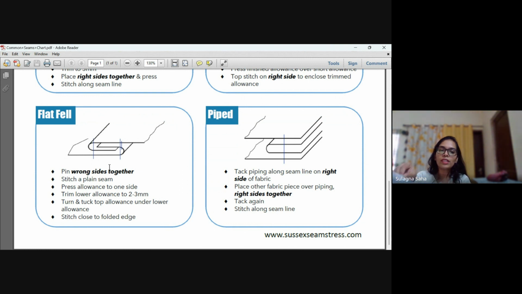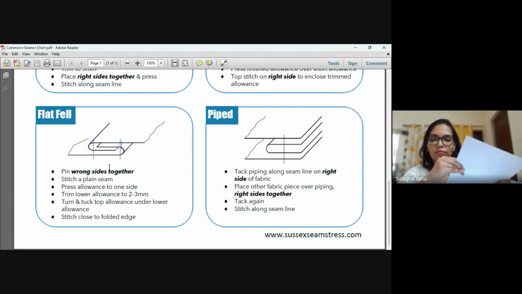Next you're going to turn it around, turn this one around, press it very nicely, press it and then do the stitching. This will give you the flattened felt seam. Is this one clear? Yes, ma'am.